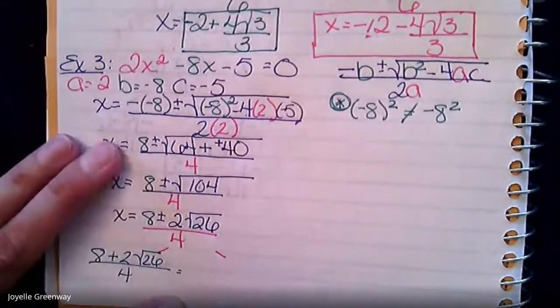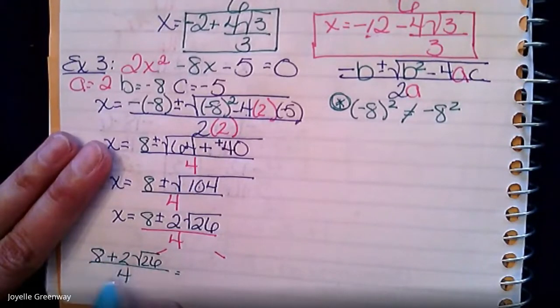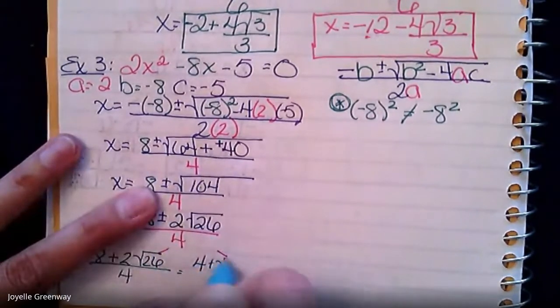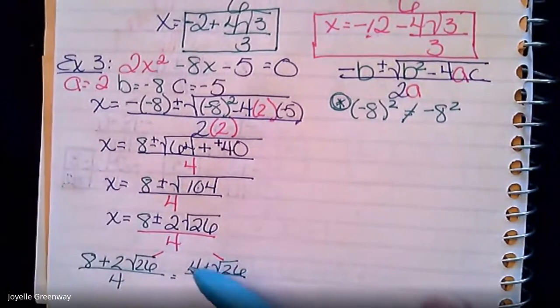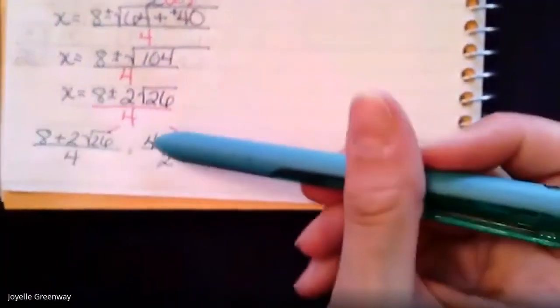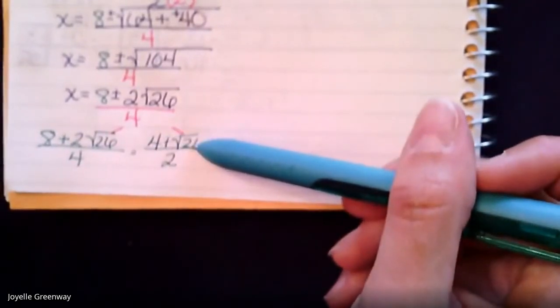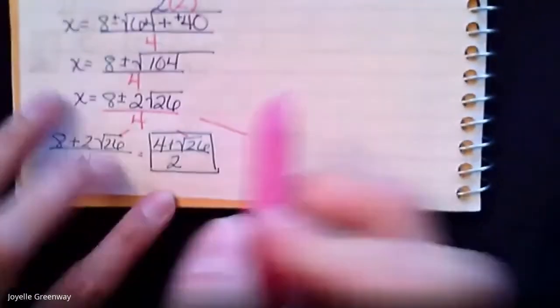And if I simplify that further, I'm going to just divide everything by 2 because that's the least common multiple here, right? So I get 4 plus radical 26 over 2. Now you cannot simplify the 4 and the 2 here because that's 4 plus radical 26. Okay, so that's one answer. And then your second answer, I'm going to come over here.